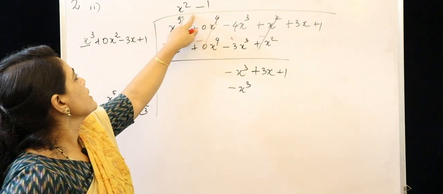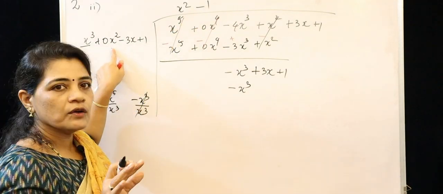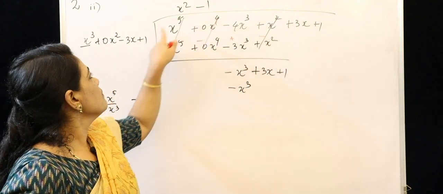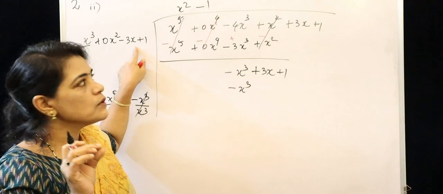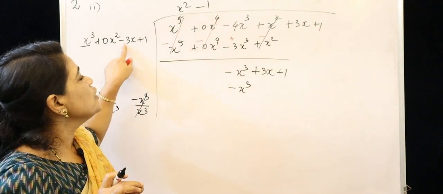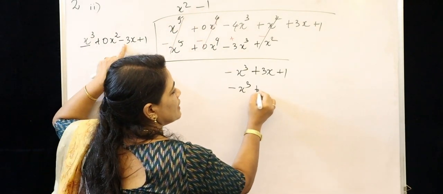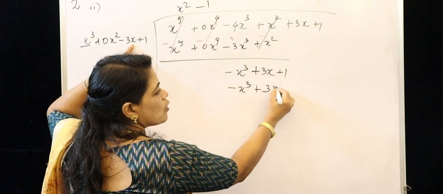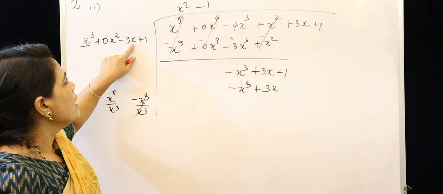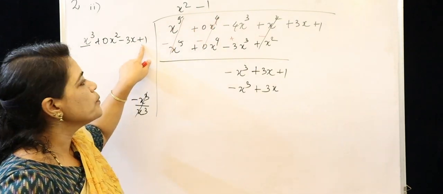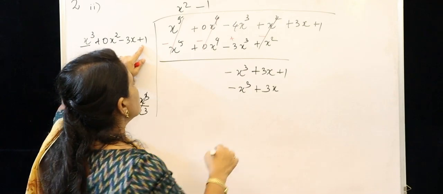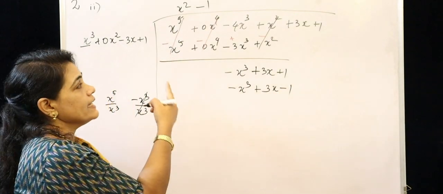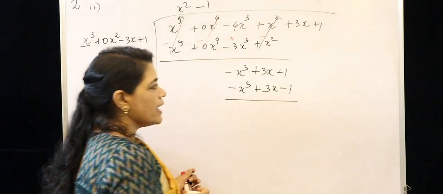and since the x² term is not there, we are not writing anything there. So I am multiplying with the x term, so minus 1 into minus 3, positive 3x, and multiplying with the constant, minus 1 into positive 1, that is minus 1. Idea is clear children, just multiplying with the negative 1, and we change the sign as usual.